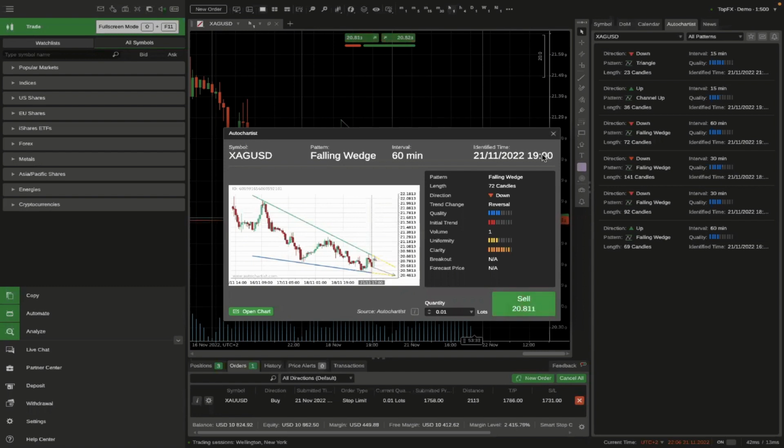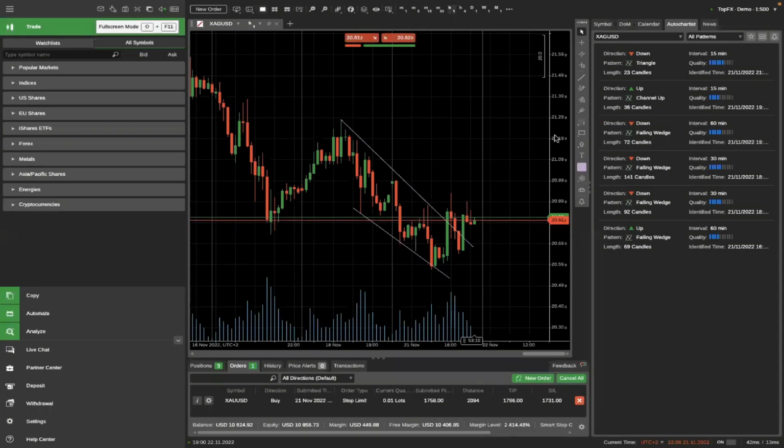So this pattern was identified at 7 p.m. So it was only 2 hours ago. Very clear pattern. And it means that we are waiting for the reversal inside of the falling wedge. However, now take a look at this.